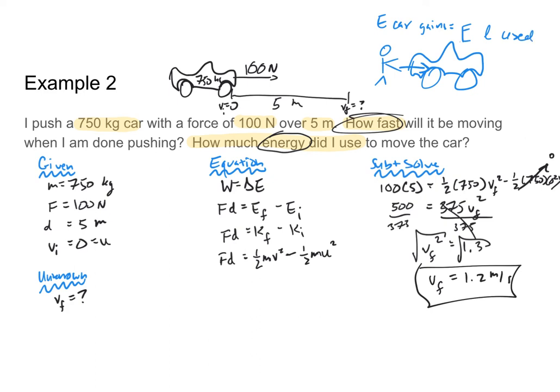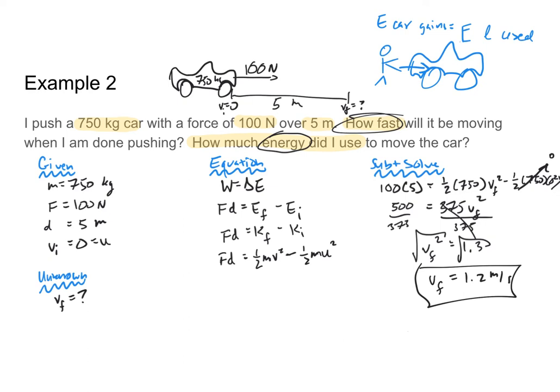So what that means is if I can calculate the final kinetic energy of the car, then I have found my energy used. So I know that the final kinetic energy of the car, and actually let's be a little more specific here. The change in energy of the car.